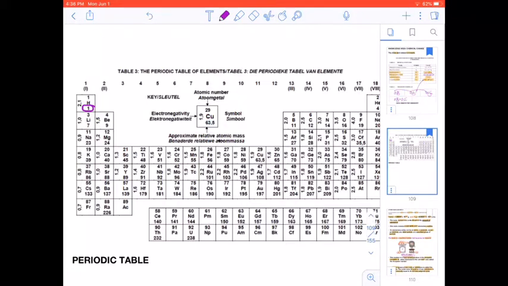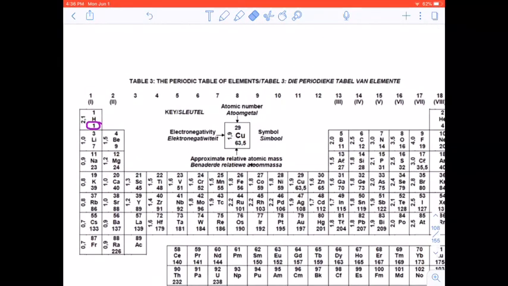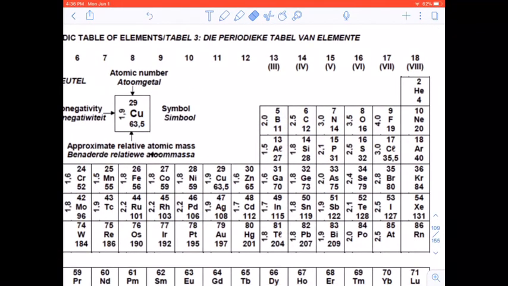Then we want to know the relative atomic mass of sulfur, and if we look at sulfur, it is 32. And if we look at oxygen, it's 16. These are all relative atomic masses.